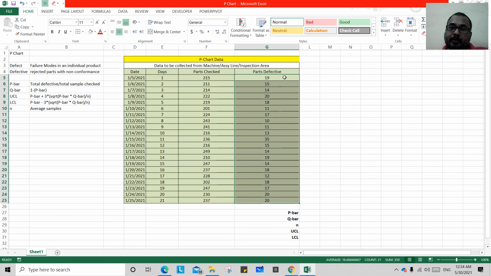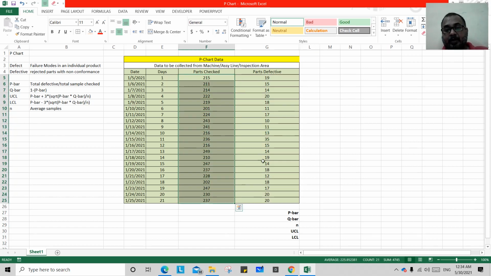The proportion is the ratio of total defective parts to the total inspected parts. It gives you the proportion of defective in all the parts you have checked.